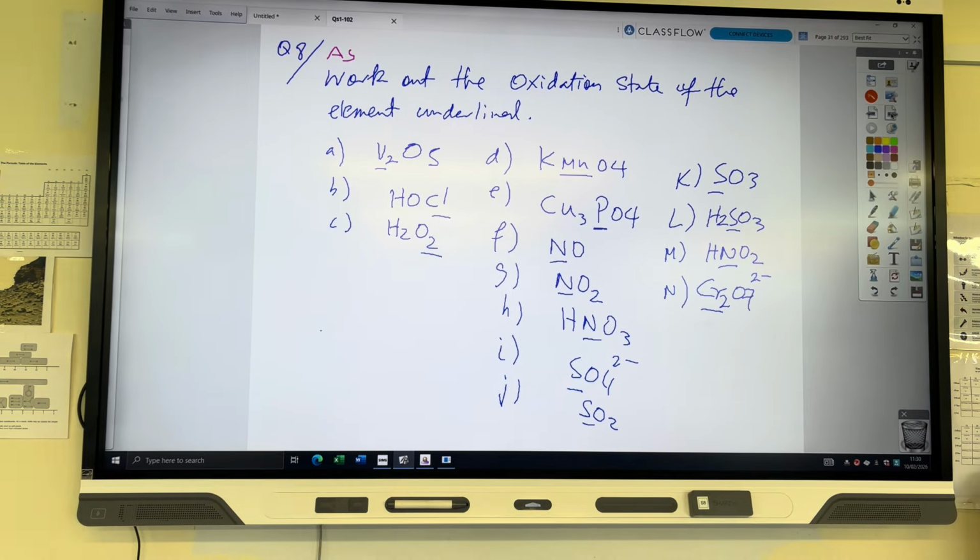Now, this is going to take a little bit to work out the oxidation states of the elements underlined. So, for example, here you need to know what is the oxidation state of vanadium. Over there, what's the oxidation state of nitrogen. So there are 3 and 3, 6, and 4, 10, and 4, 14. For each of them, I think in total, maybe 8 to 10 minutes.